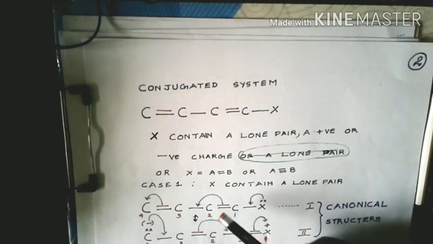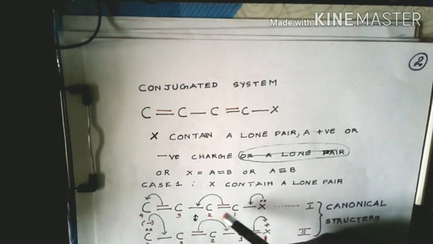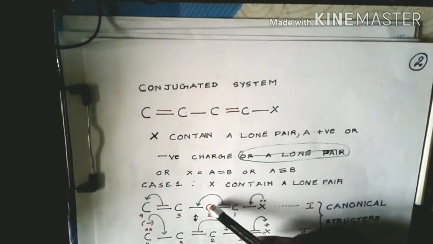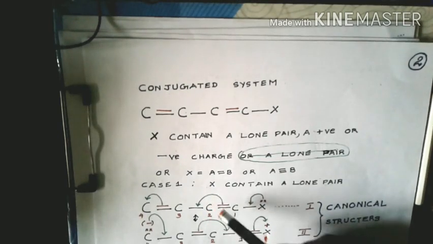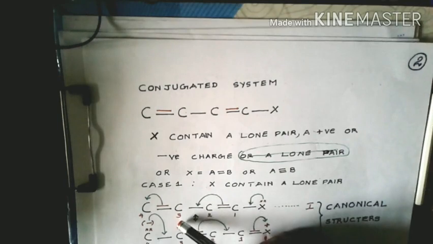Now simultaneously, the pi electron pair between C2 and C3 will move into the orbital of C2, and C2 gets the share of this carbon, so that it gets a negative charge, an orbital containing a pair of electrons and a negative charge. Now the positive carbon possesses a vacant orbital.